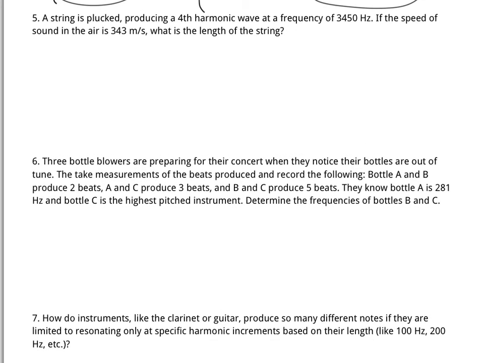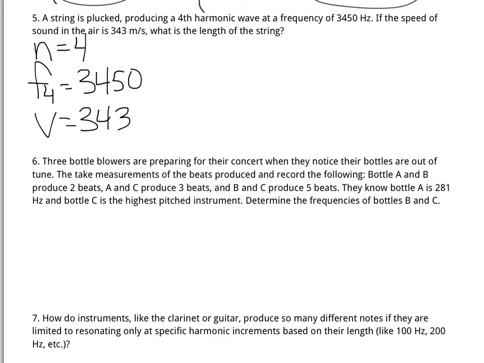All right, number 5. We're given information about the fourth harmonic for a string. Strings behave like open pipes, so we're going to use the open pipe equation here. We're given the frequency of that fourth harmonic as 3,450 hertz, and we're given the velocity, so we don't have to bother with that temperature equation, asked to find length.